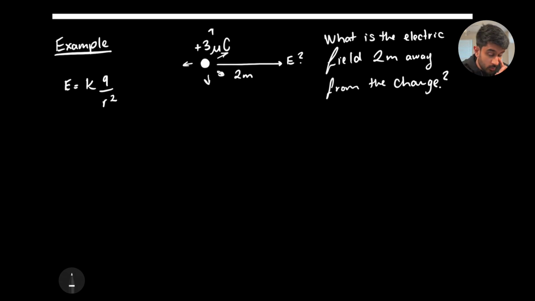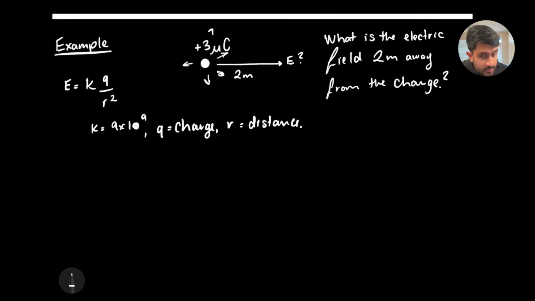This is the formula that we're going to use in this situation, where k is Coulomb's constant, that is k equals 9 times 10 to the 9th, Q is the charge, and r is the distance. Now that we have all of these variables, we can simply plug and chug into the equation.